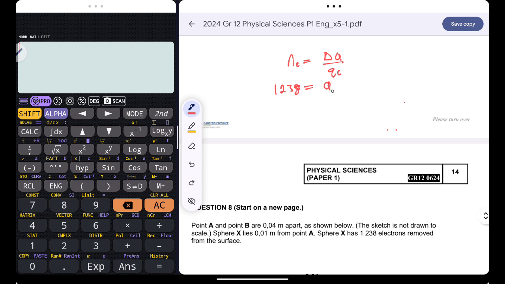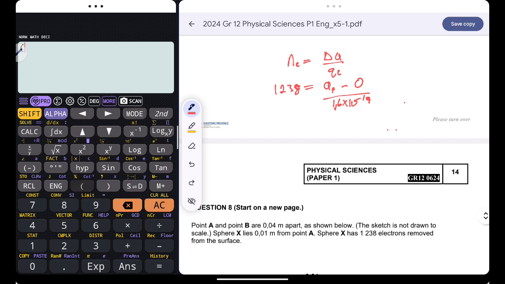I just want to know the final charge. If we were not given the initial charge, please always assume that the initial charge was 0 coulombs. Since we are removing electrons, the 1.6 times 10 to the power negative 19 has to be positive. So for me to find the final charge, I just need to cross multiply over here.